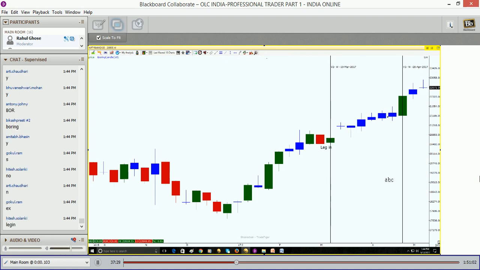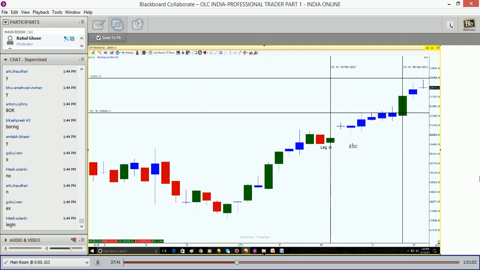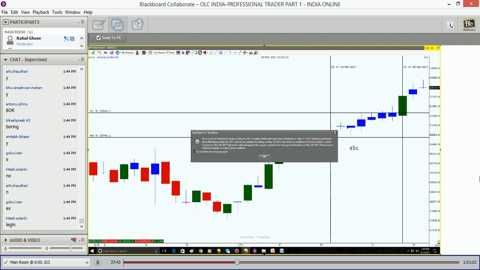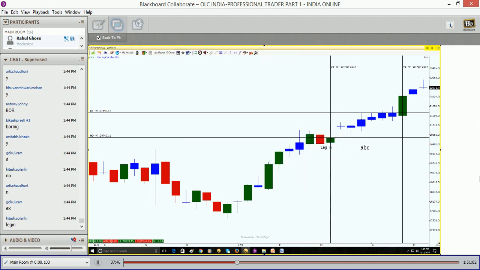How do I mark my zone? I mark the highest body of the highest base, which is over here, and I mark the lowest wick of the lowest base. Highest body of the highest base, lowest wick of the lowest base. Go to the top left corner, select my demand zone tool, and drag and drop my demand zone.